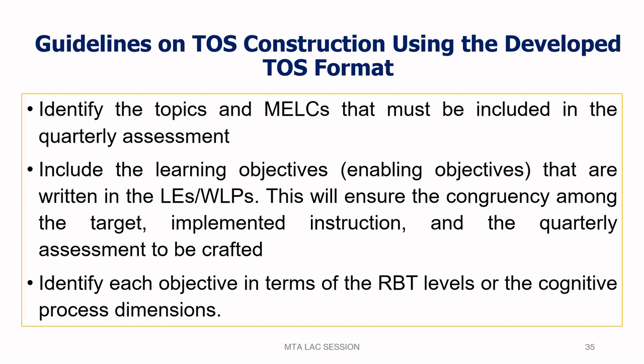This will ensure the congruency among the target, which is based on the objectives, implemented instruction, and the quarterly assessment to be crafted. Then identify each objective in terms of the RBT levels, or the cognitive process dimensions. This step is tremendously important to achieve congruency between the levels of objectives and the levels of questioning.